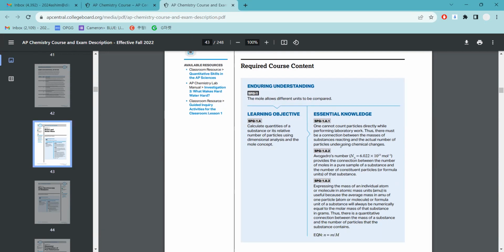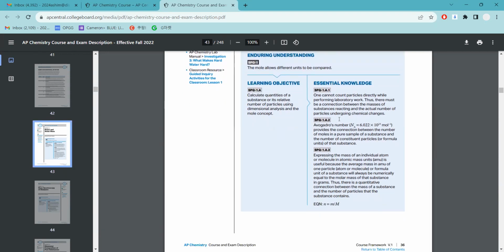So that's basically what you're doing. The essential knowledge that's good to know here is Avogadro's number, a constant you always have to know when you're converting things into moles. But it's probably going to be given to you on the formula sheet, so you don't have to memorize it, but you will eventually just know it as you solve questions.